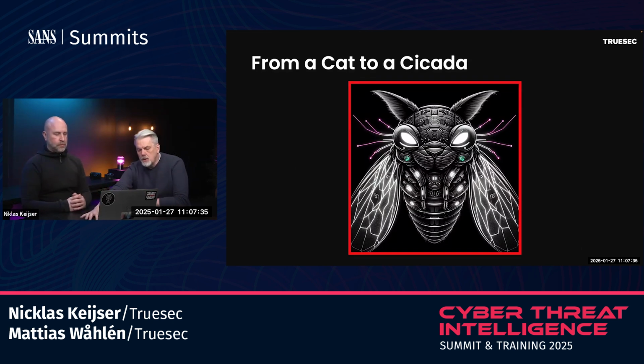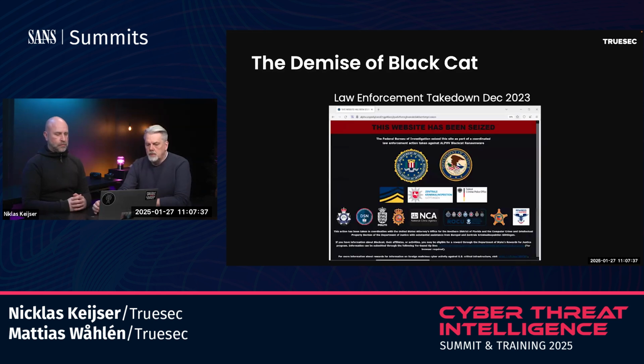So now we have to go from forensics to looking at the groups behind it. I won't talk too much about it because it's already been mentioned before: BlackCat folded around the first week in March, after they had suffered a takedown.